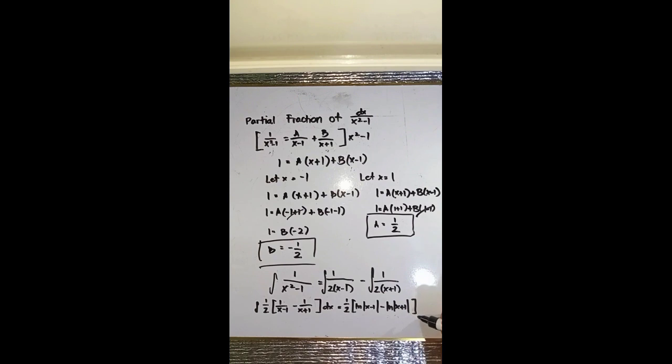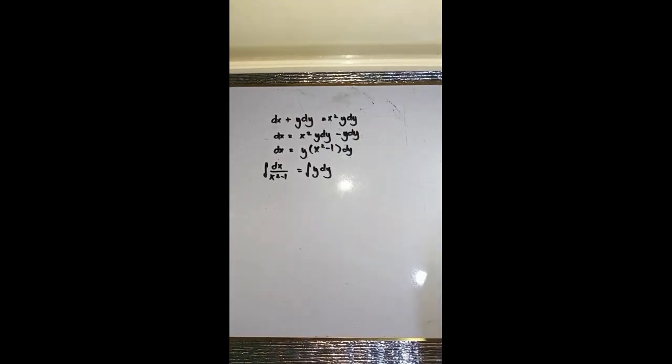So the resulting value will become the integral of 1 over x squared minus 1 equals 1 half ln of (x minus 1 over x plus 1). Now, this is the partial fraction of dx over x squared minus 1, which we will then input into our original equation.